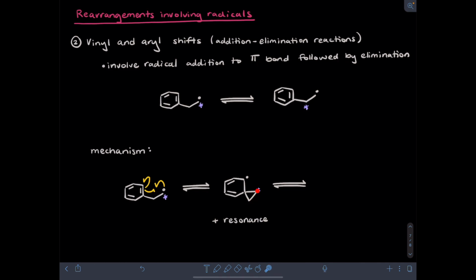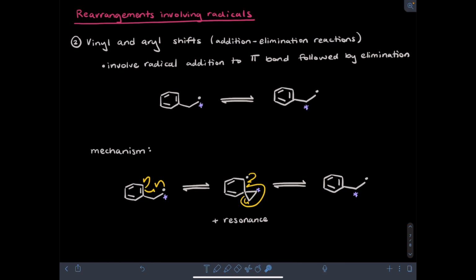So to do this, I would take the radical down to start to form the pi bond, break this carbon-carbon bond, and use the electron to form the pi bond, and take the other electron from the carbon-carbon bond over to that carbon that's not labeled. This would break the three-membered ring, restore aromaticity of the phenyl group, and it would switch the positions of the labeled and unlabeled carbons while regenerating the radical.